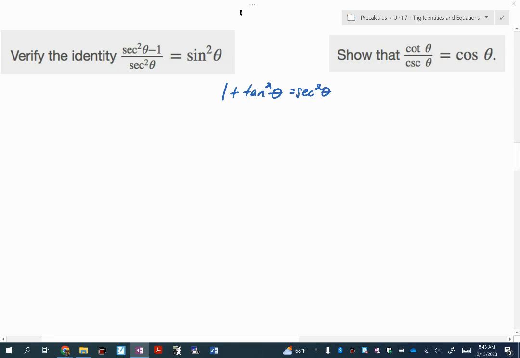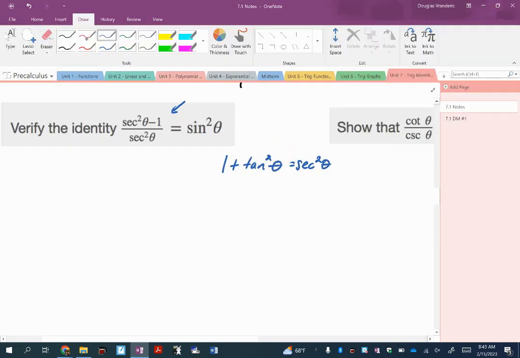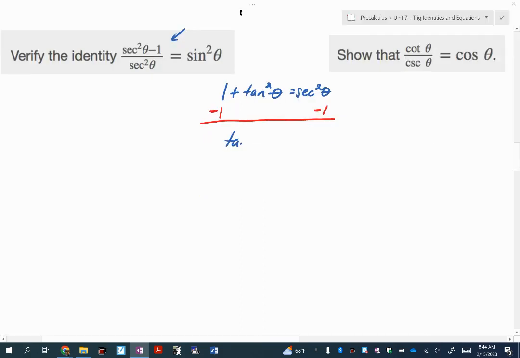All right, now that I don't have that, but if you look in the numerator, you can see that I'm one algebraic move away from actually having that. So if I subtract 1 from both sides, then I have tangent squared theta equals secant squared theta minus 1, which is what I have in my numerator.